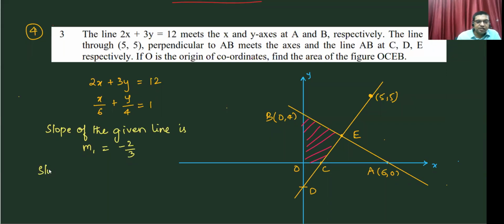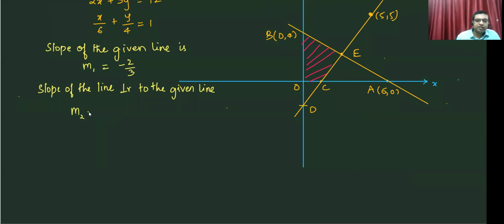Slope of the line perpendicular to the given line. What will that be? M2 is minus 1 upon M1, that is 3 upon 2. This is the negative reciprocal of M1.